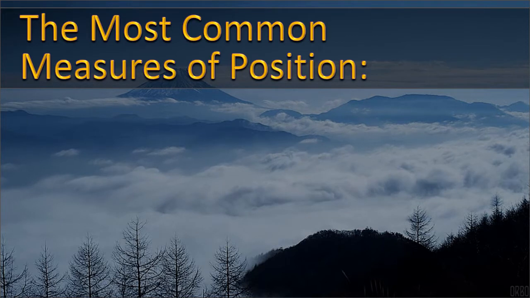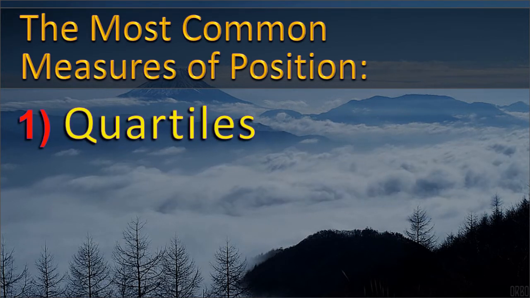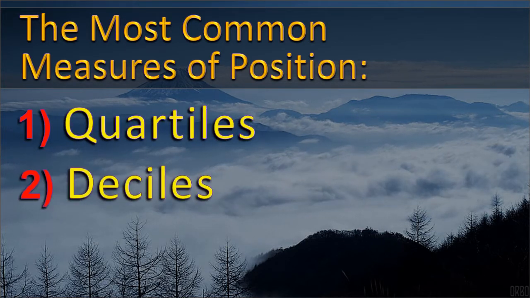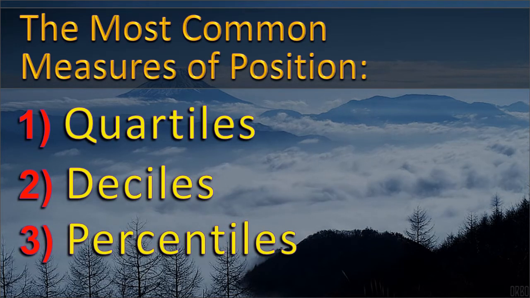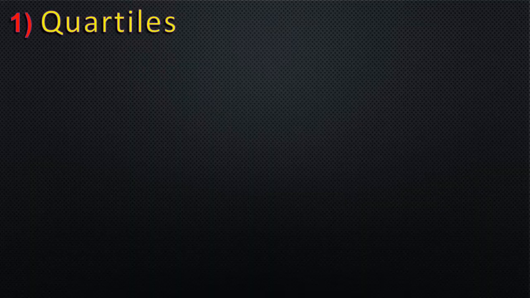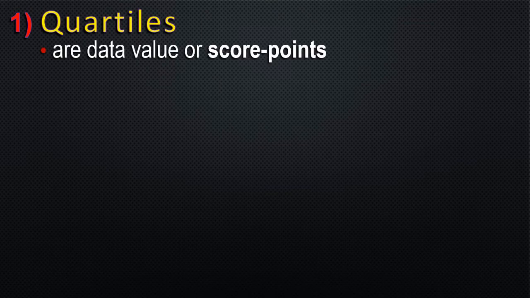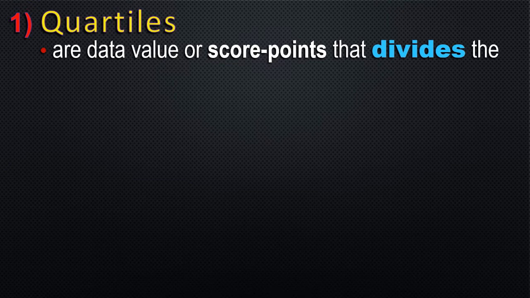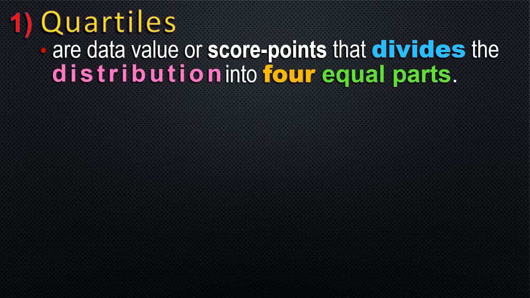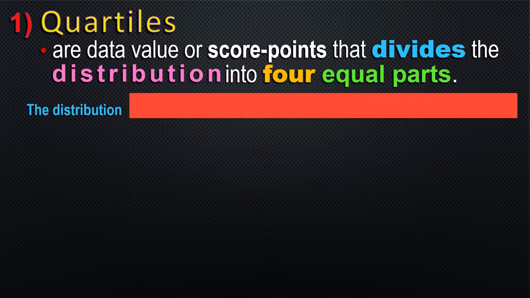The most common measures of position are quartiles, deciles, and percentiles. Let us define what are quartiles. Quartiles are data values or score points that divide the distribution into 4 equal parts. So here is the distribution.